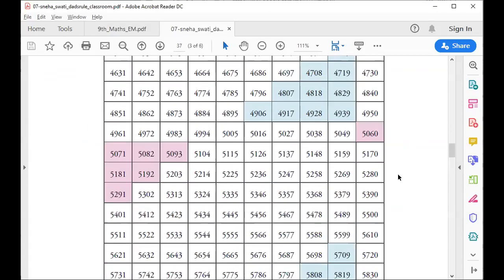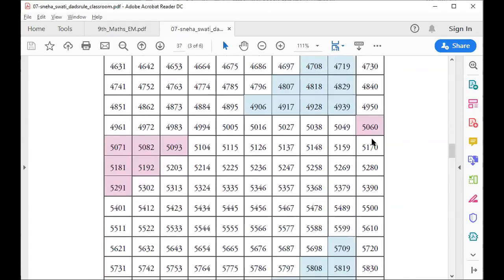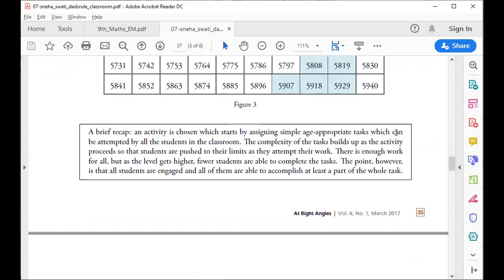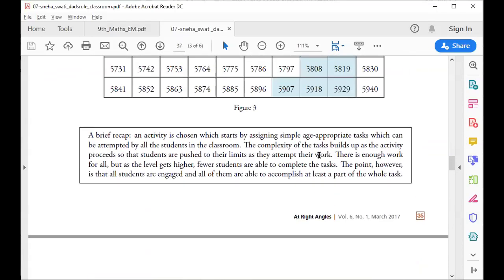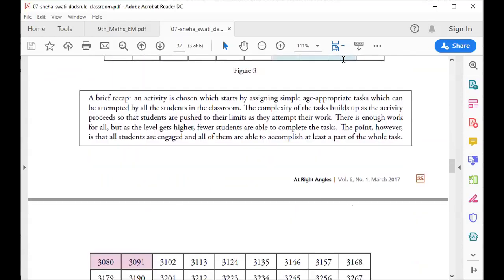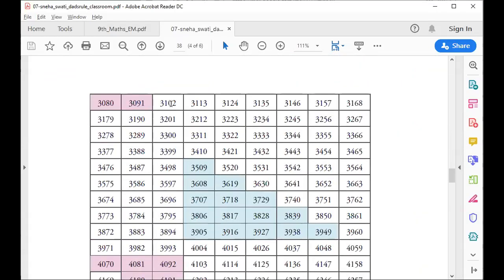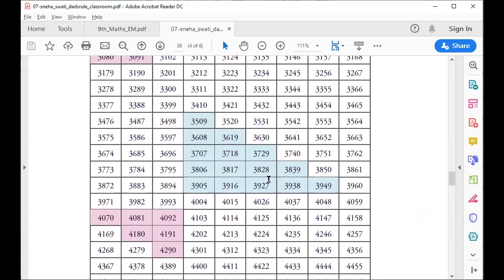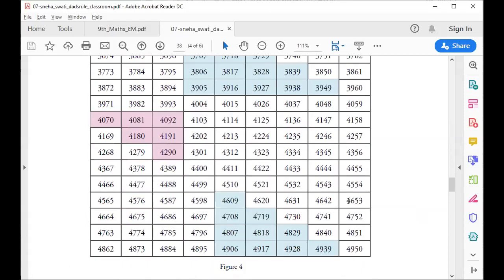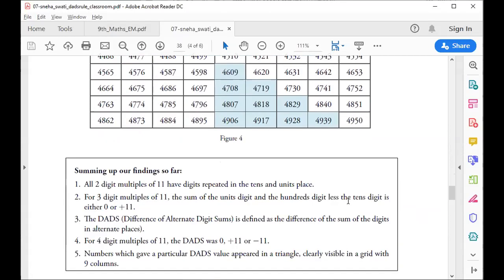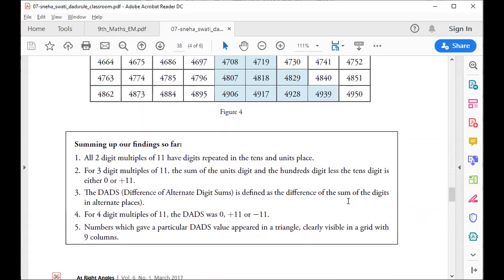When you tweak the table a little bit, here we had 10 columns. If we tweak it to have 9 columns, then suddenly the pinks and the blues are together. So it's quite fascinating. And there are some other patterns that come out.